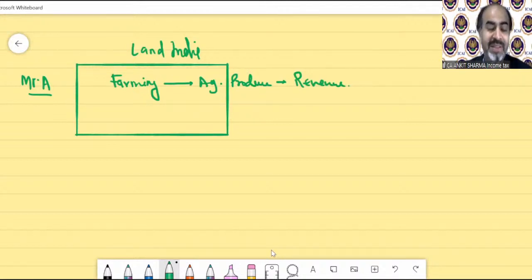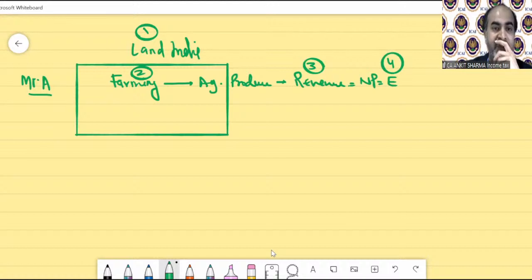By selling this agricultural produce, he earned the net profit, we can say. So that is going to be exempt, because it says if any revenue is generated from any land which is situated in India and used for agricultural purpose. So there is land in India, of course, that is the condition. There is farming, that is agricultural purpose, and you are generating the revenue. Then the revenue is going to be exempted.